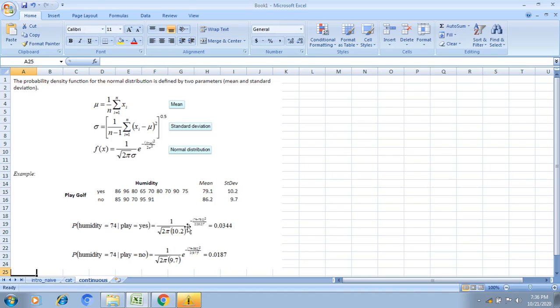I already know the standard deviation is 10.2 and the mean is 79.1. Using these two, I calculate the probability. I got the highest probability for yes, so we are willing to play whenever the humidity conditions are like this. For no, the calculated prediction is lower than this, so we are willing to play under this type of condition.